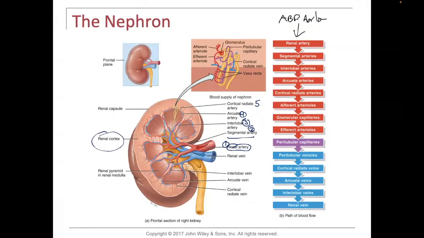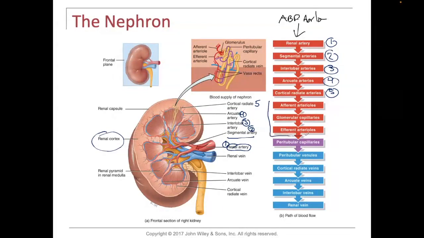What are the cortical radiates? Well, the arcuate has extensions that radiate into the cortex, so we call it the cortical radiate artery. So far, we had renal artery to the segmental artery to the interlobar artery to the arcuate artery into the cortical radiate.